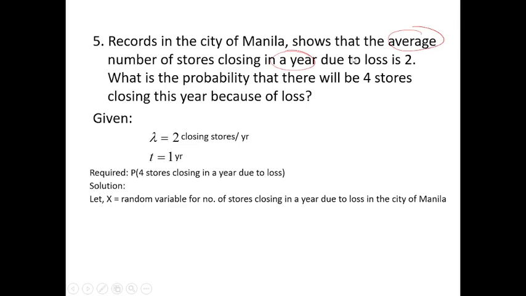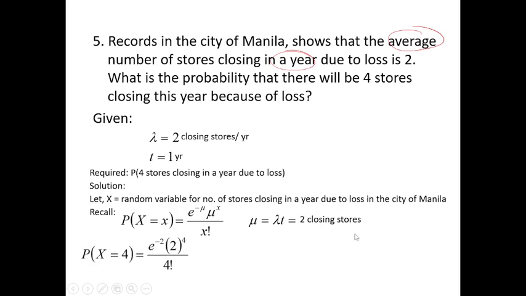Therefore, your random variable is number of stores closing, in a year. So, recall the formula for Poisson distribution. And this is our mu. Mu equals lambda t equals 2 closing stores per year multiplied by time interval of 1 year, we get 2 closing stores. So this is the average.